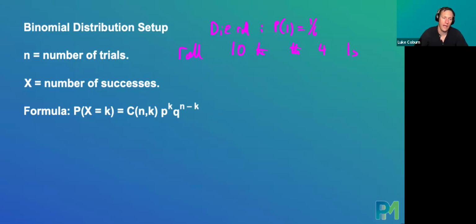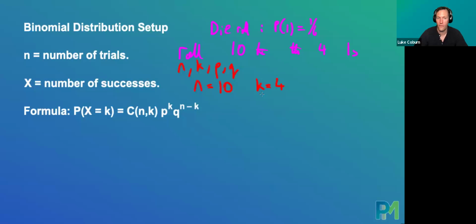Okay, and we're going to have to get a bunch of quantities for this formula. We need an N, we need a K, we need a P, we need a Q. So what's N, first of all? Well, N is the total number of times that you throw the dice. What's K? K is equal to 4, right?